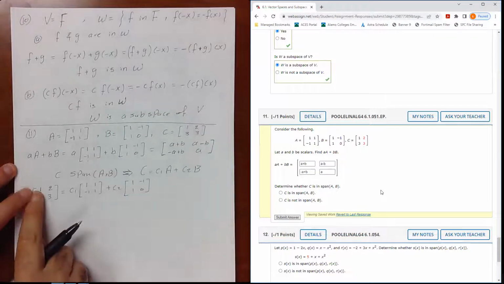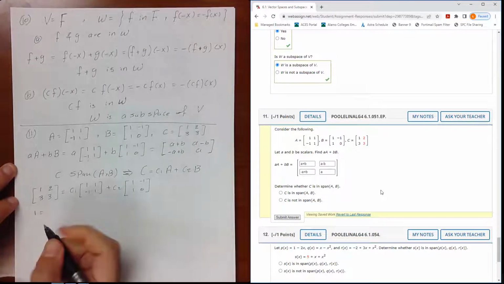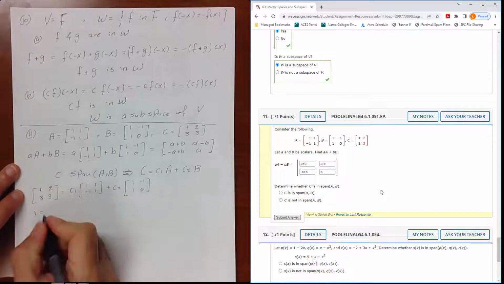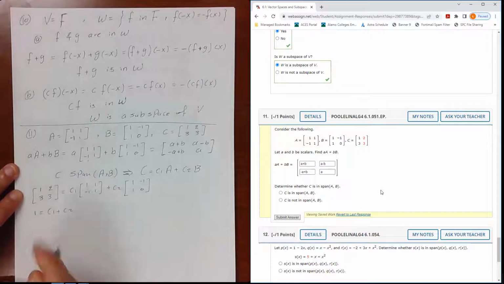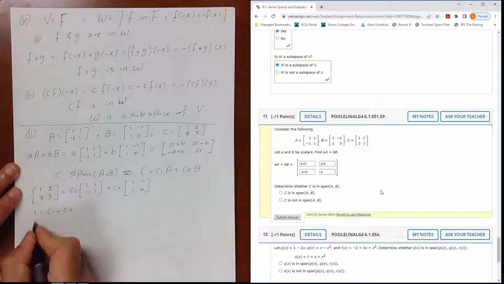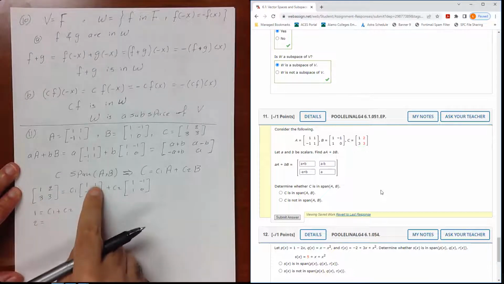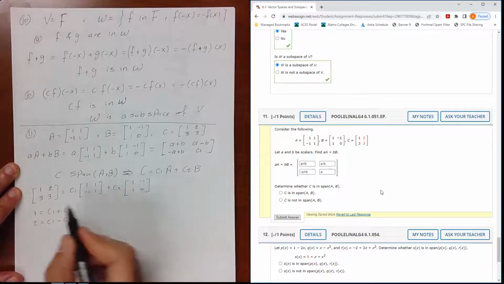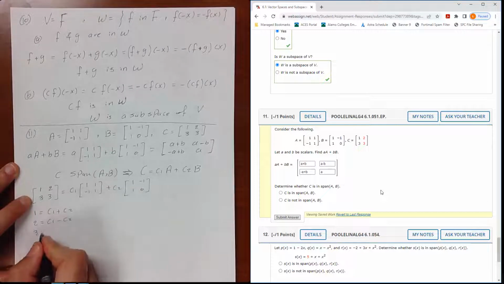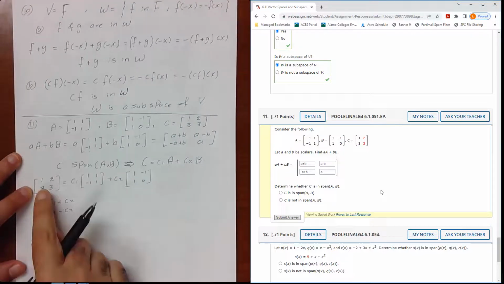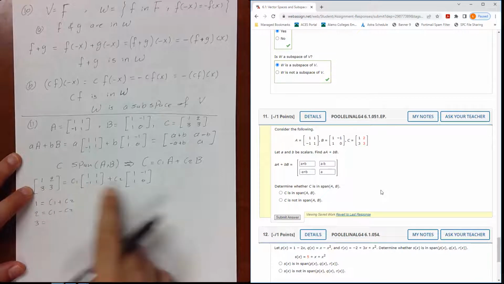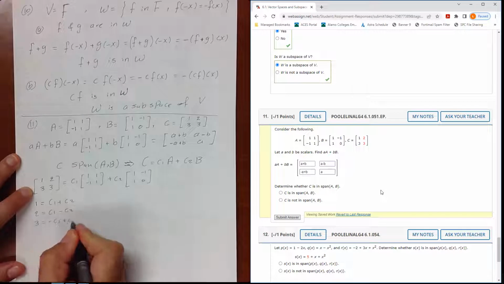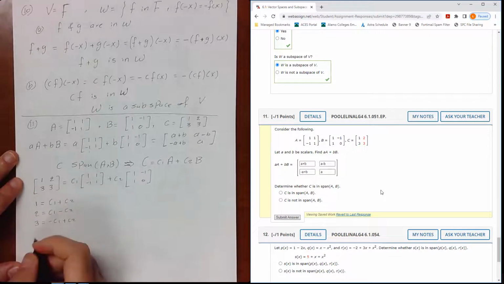So it's going to be 1 equals c1 plus c2. 2 equals c1 minus c2. 3 equals negative c1 plus c2. And 3 equals c1.